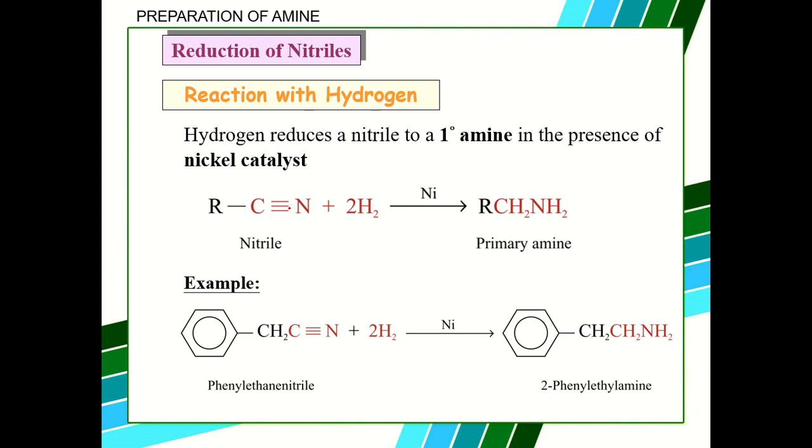Now it has three sigma bonds in the product: bonded to H, bonded to H, then bonded to C. So just make this compound saturated. And how? Just add a lot of hydrogen to the compound until every atom has the maximum number of sigma bonds. Now can you see that even if the nitrile is bonded to a CH2 from the benzene, it is the same thing. It will be converted into an amine.